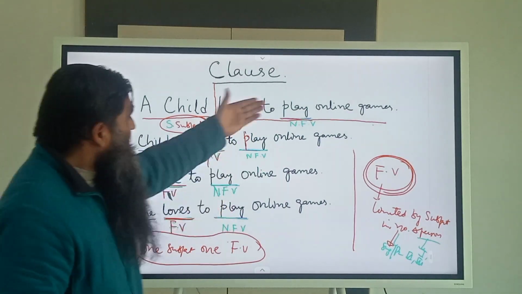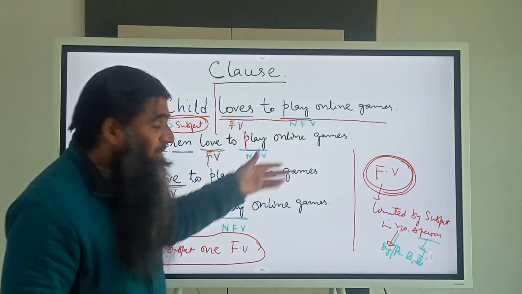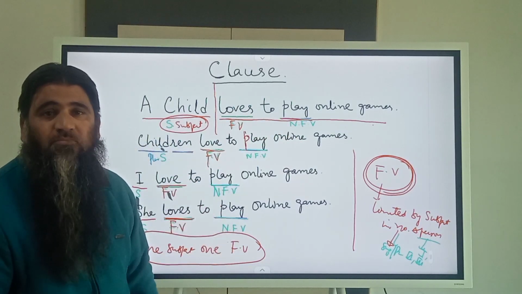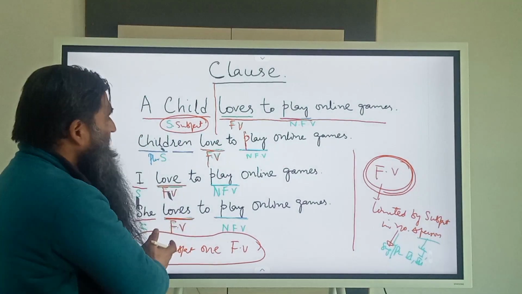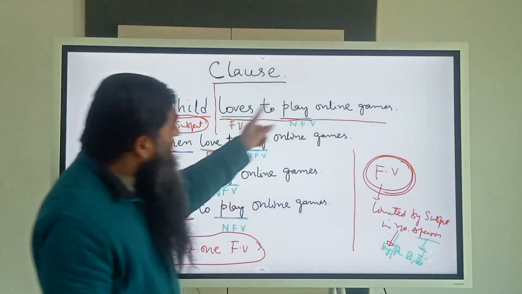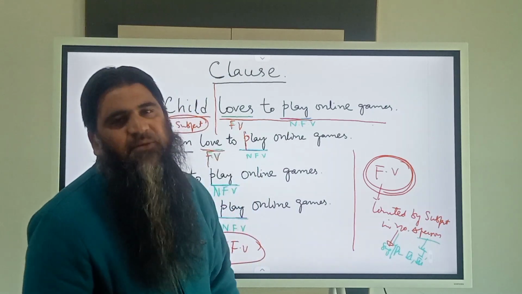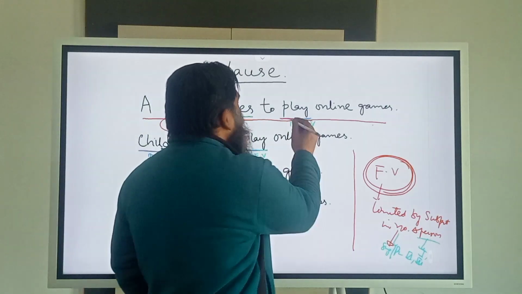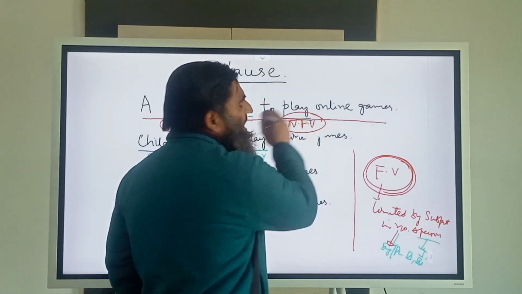This verb play is also a verb, but it is not changing its form. Though we have changed the subject in all these sentences, this verb does not change its form. Hence we say that this verb is not limited by subject in number and person. Hence this verb is known as a non-finite verb.